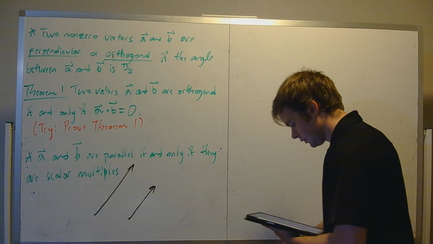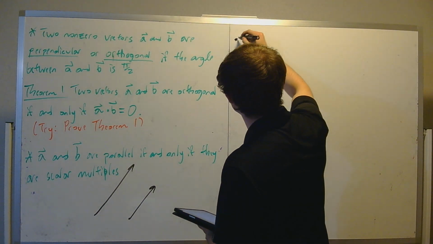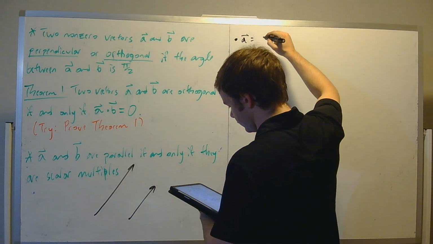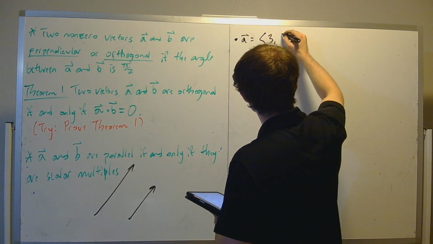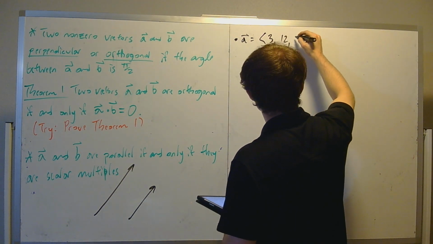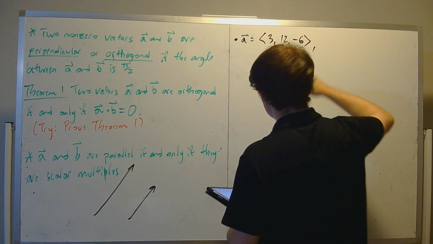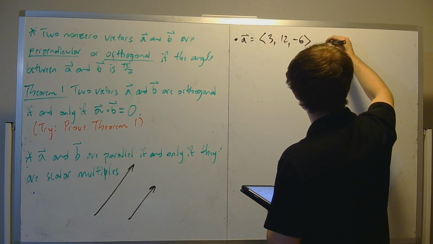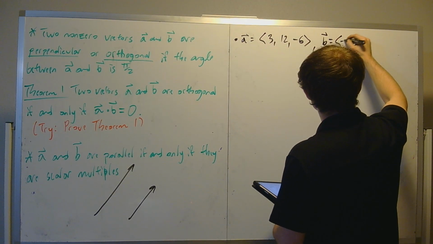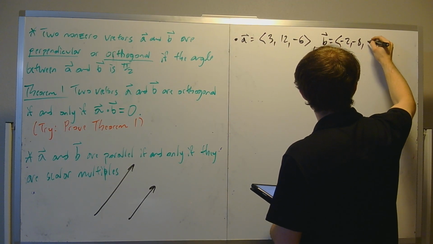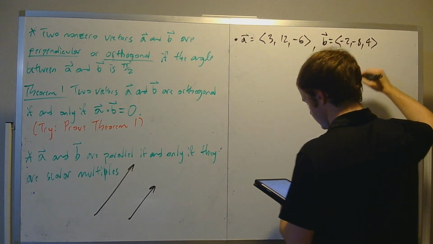So let's say here A equals the vector 3, 12, negative 6, and B equals the vector negative 2, negative 8, 4.